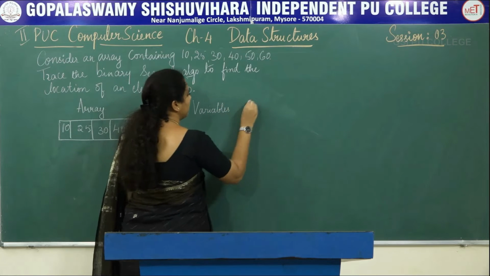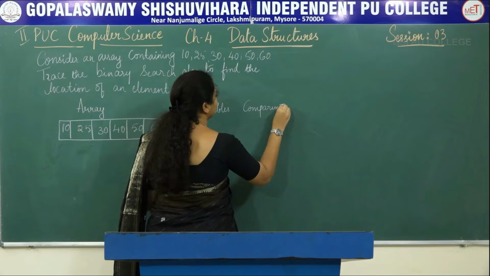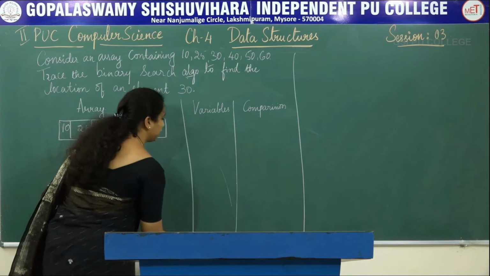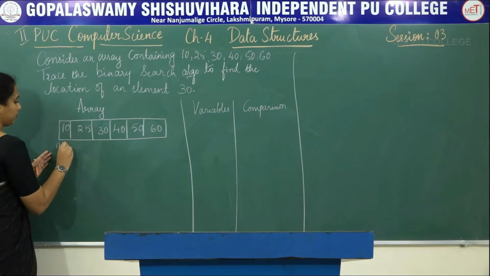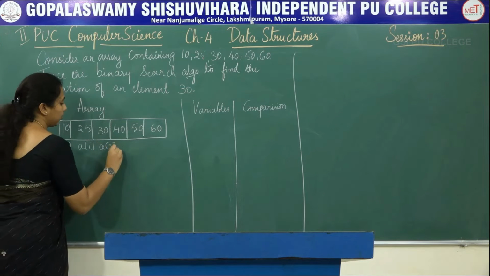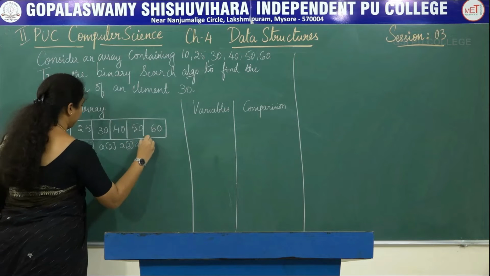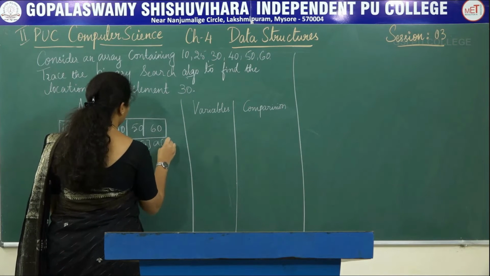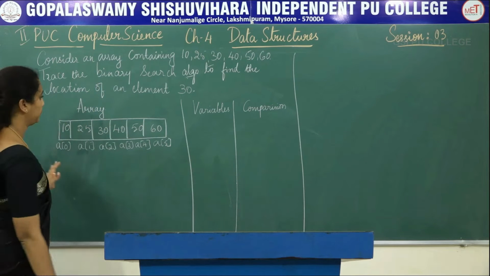Variables and comparison. The indexes always start from 0, 1, 2 up to n minus 1.